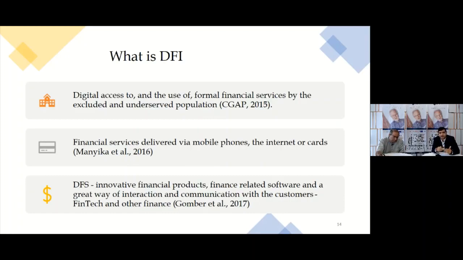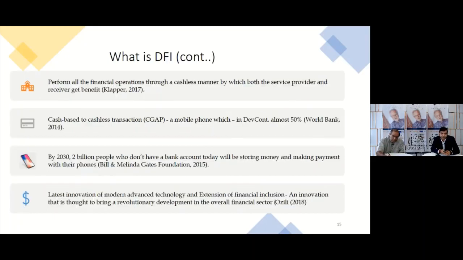So it's an advanced, technology-based financial inclusion, which is also called digital financial inclusion. We need innovative financial products and financial software that can act as an interactive gateway of communication between the customer and the fintech or other financial institutions.